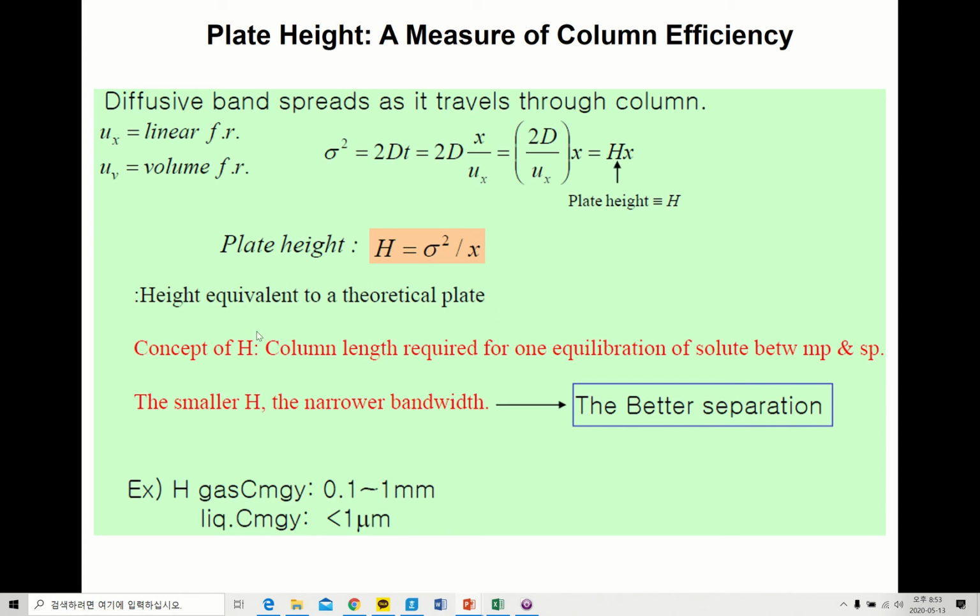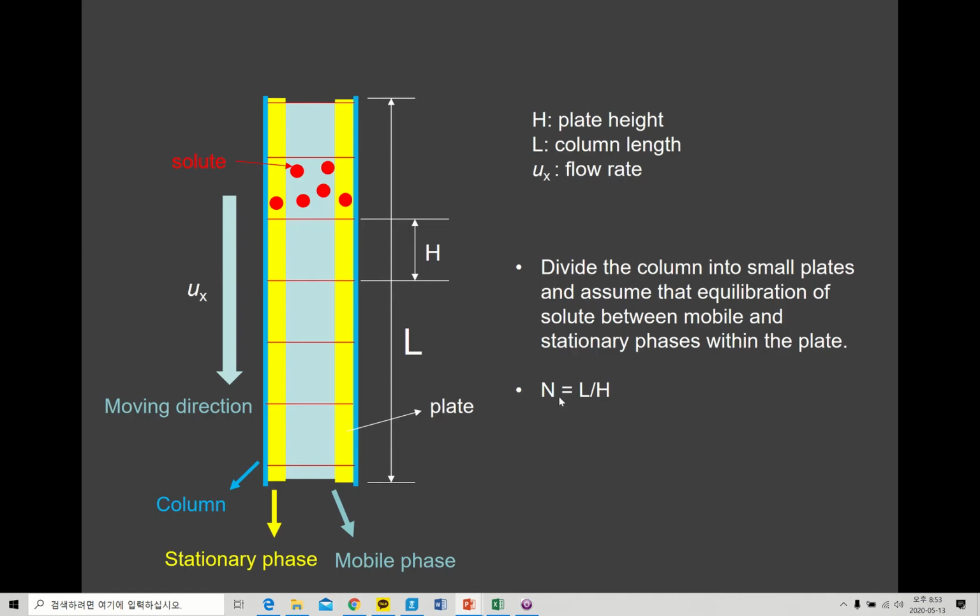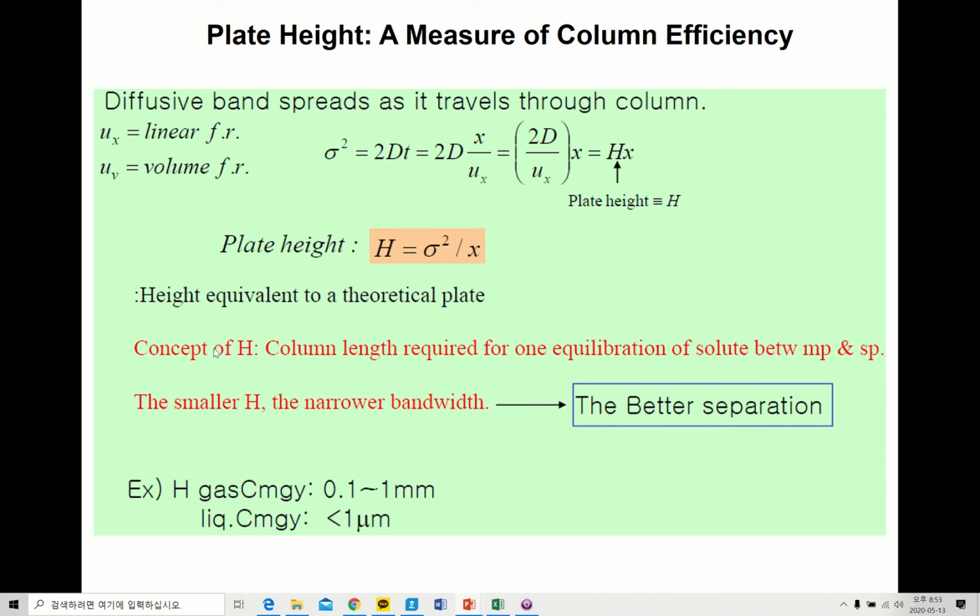So this is the height equivalent to a theoretical plate, and N is the theoretical plate number. The concept of this height is the column length required for one equilibration of solute between mobile phase and stationary phase.